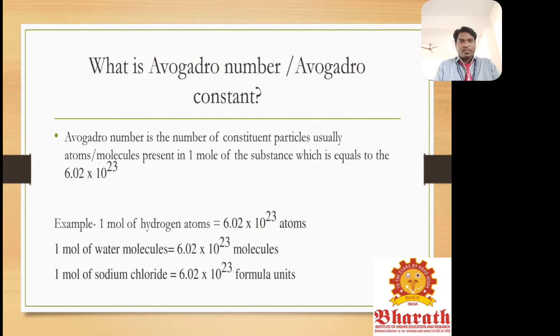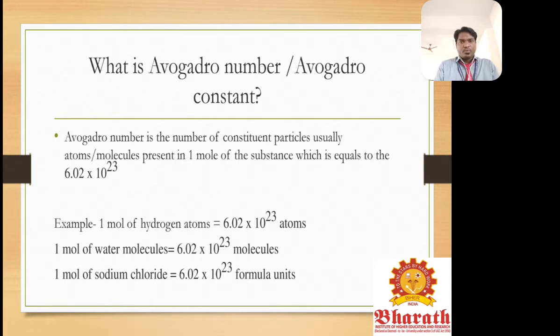What is Avogadro number or Avogadro constant? Avogadro number is the number of constituent particles, usually atoms or molecules, that represent 1 mole of a substance, which is equal to 6.02 times 10 power 23.